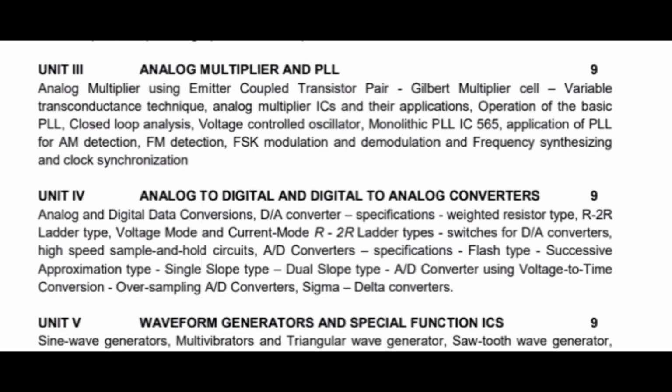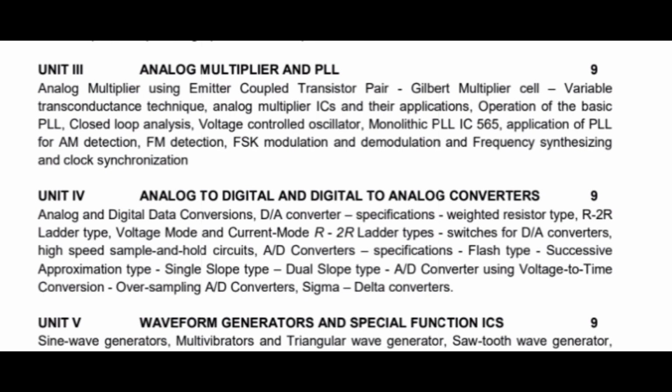If you refer to the syllabus of linear integrated circuits, the first topic is analog multiplier using emitter coupled transistor pair, Gilbert multiplier cell, variable transconductance techniques, and analog multiplier ICs and their applications. These are the topics which come under analog multipliers.